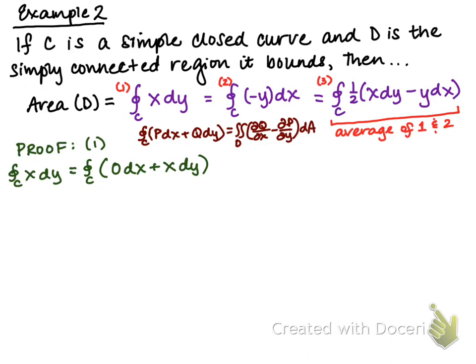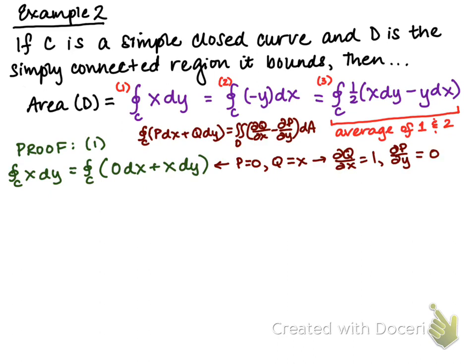Okay, so now you can see in this problem that I'm doing here, P is 0 and Q is x. Well, that means that partial Q partial x is 1 and partial P partial y is 0.